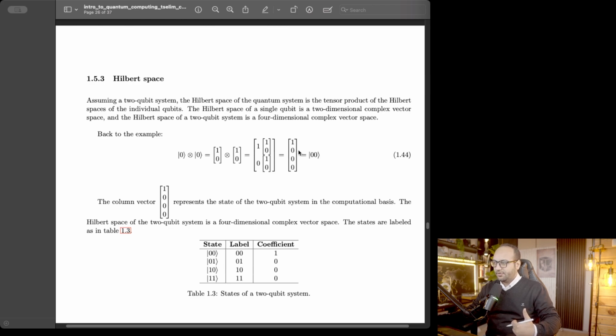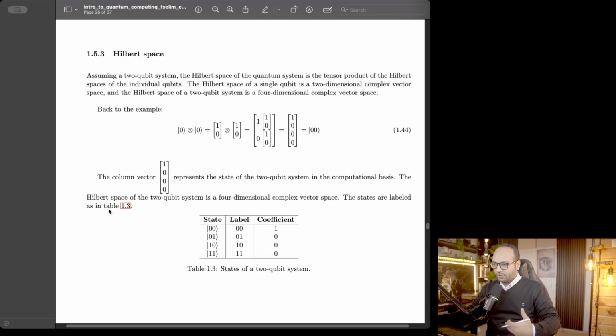And in that sense, if we use this tensor product, as we have seen earlier, we get the ket 0,0. So this column vector, which has 1 here, represents the state of the 2-qubit system in the computational basis. So this is the Hilbert space of the 2-qubit system.